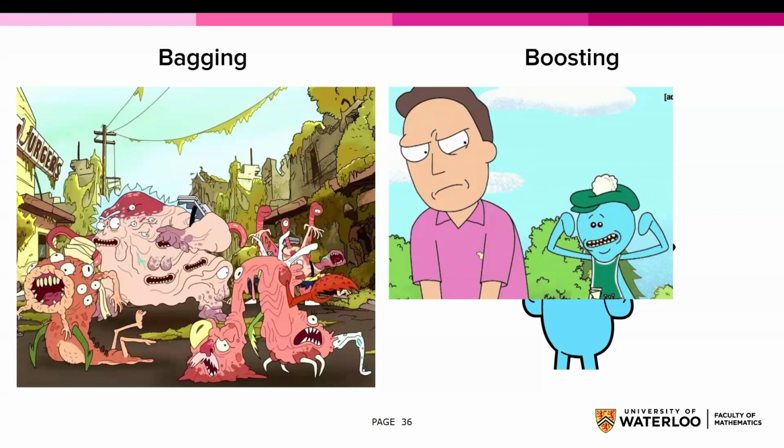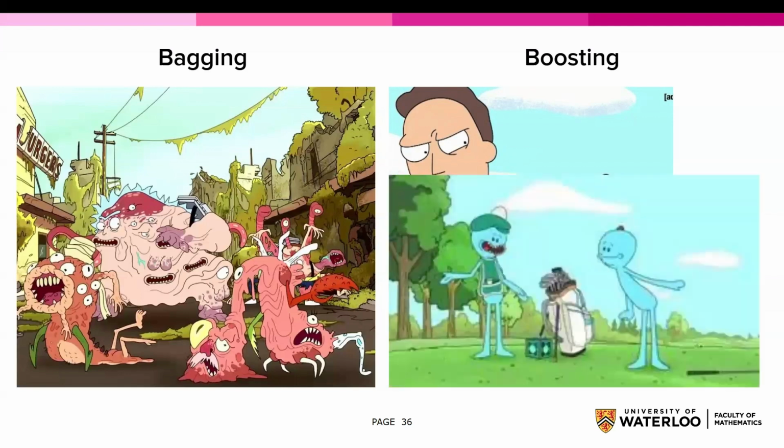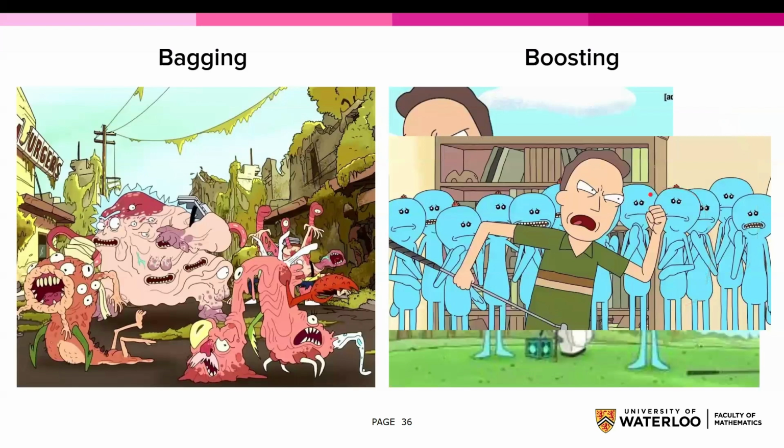When he fails to help Jerry with his golf game, he summons another one to try to help out. And then this didn't work either, and eventually there ended up being a large horde of these Mr. Meeseeks all trying to help out the last one that summoned them.